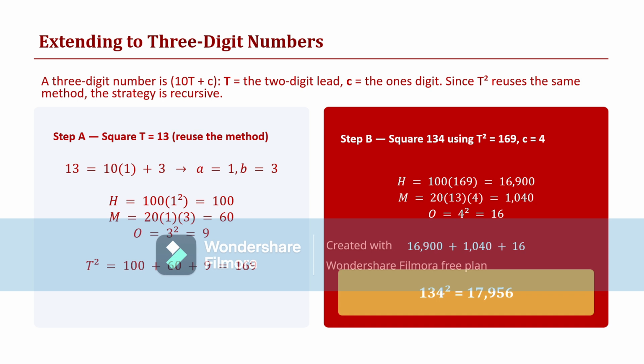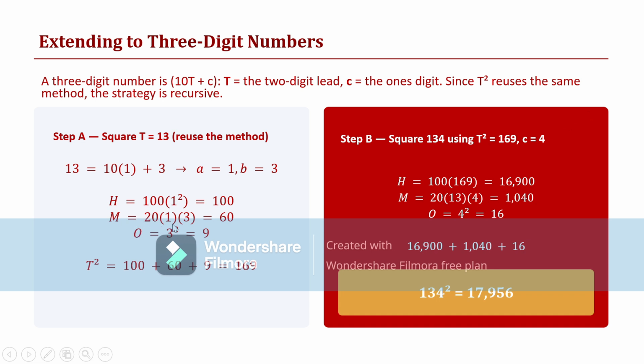So, step A is to square t. For 13, equal to 10 times 1 plus 3, A here is 1 and B is 3. The hundreds part is 1.